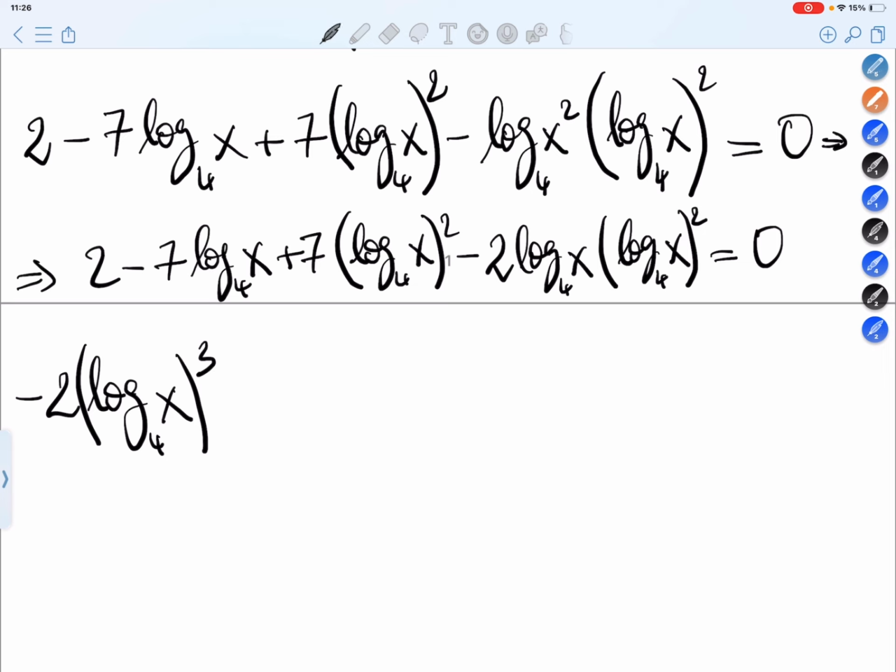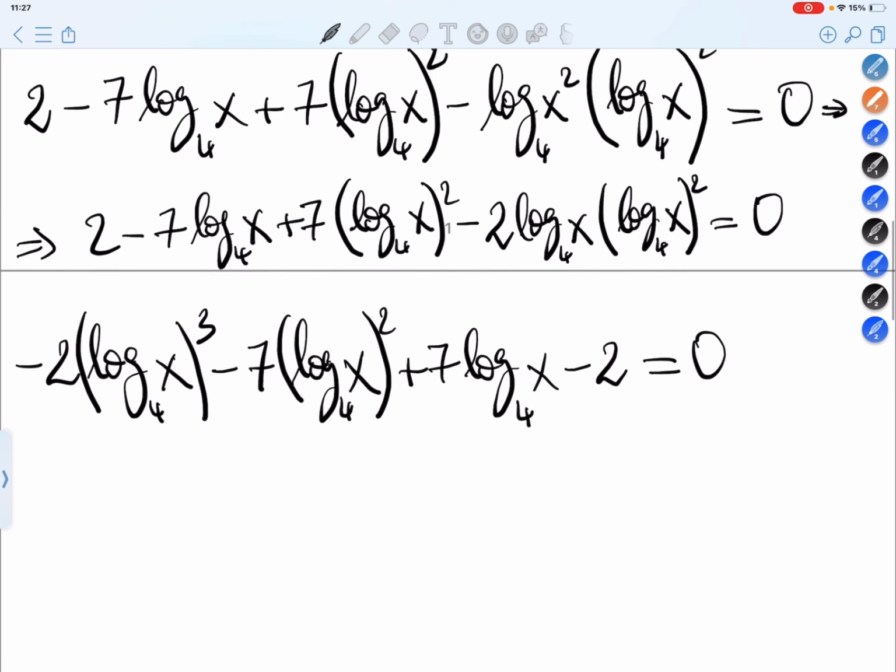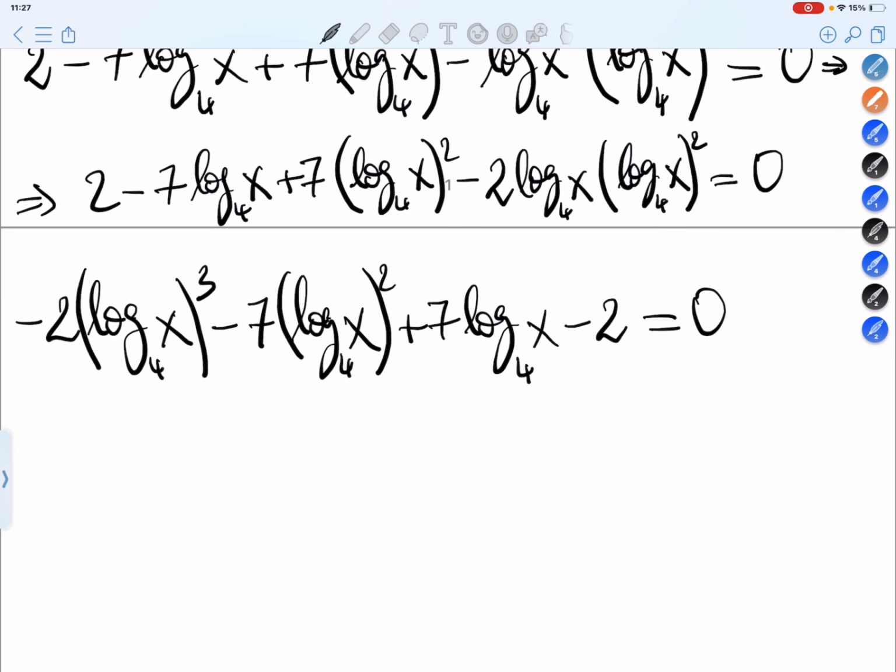So then we're gonna change the sign of this one, minus 7 log base 4 of x squared, then plus 7 log base 4 of x, then minus 2 equals 0. So basically, in simple words, we have brought everything on the right hand side. Now here we have changed the sign, so it would be a plus 2.